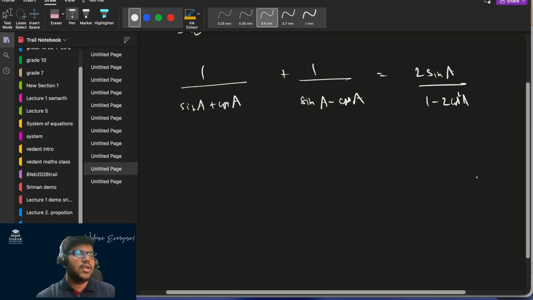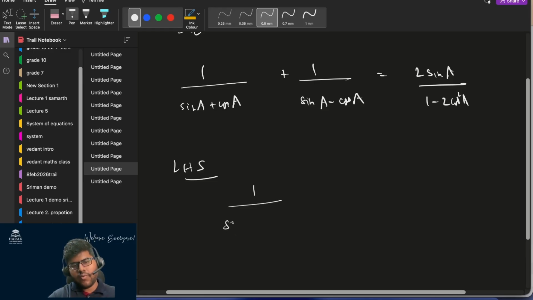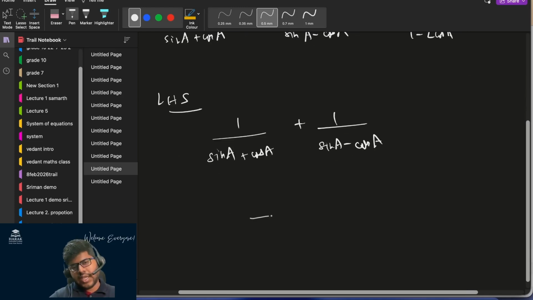Again, in order to proceed with this, I need to take up the LHS only. I will start with simply the addition: 1 over (sine A plus cos A) plus 1 over (sine A minus cos A). I just take the LCM.